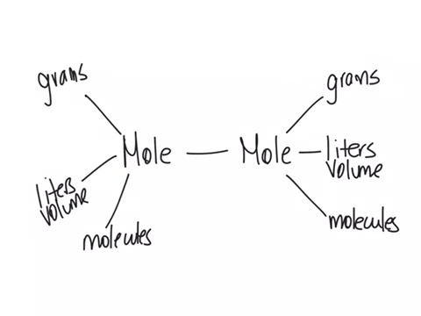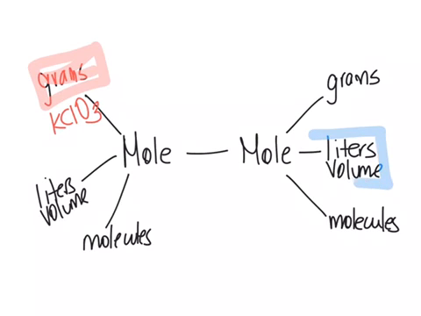Let's see if we can identify the pathway for the next problem. It says if 5 grams of KClO3 are decomposed. So we're starting right here with grams of KClO3. It wants to know what volume of oxygen gets produced. So we're going to make it all the way over to here to a different material, oxygen.